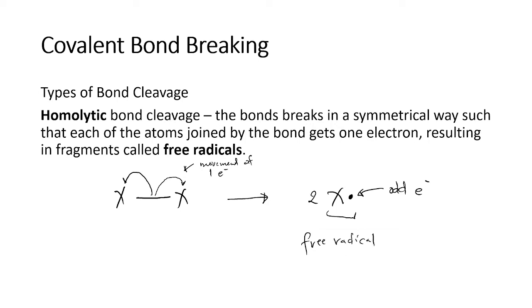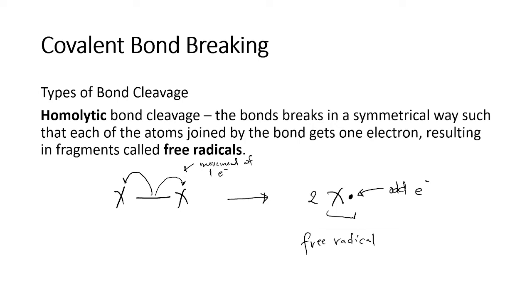Okay? So, kailan ba nangyayari yung bond cleavage na ganito or yung tinatawag nating homolytic bond cleavage? This can happen in what we call covalent bonds. So, in covalent bonds, almost yung dalawang atoms natin or two of our atoms have the same electronegativities.